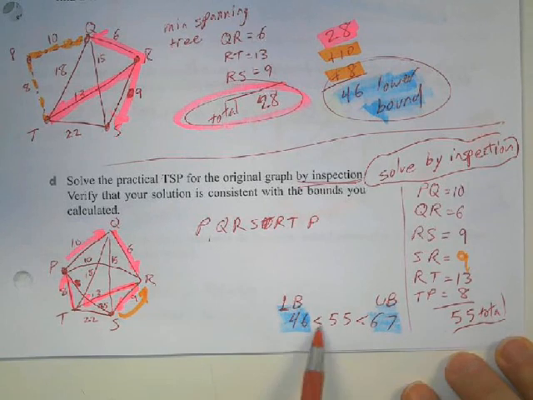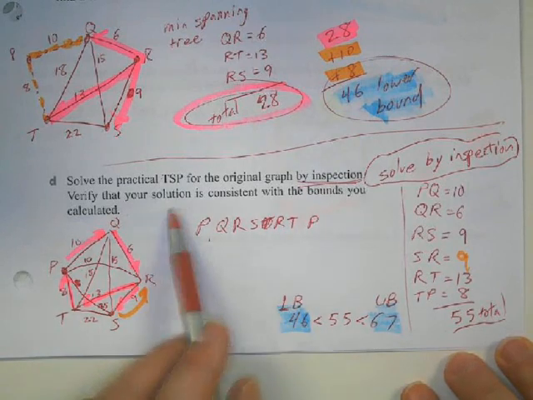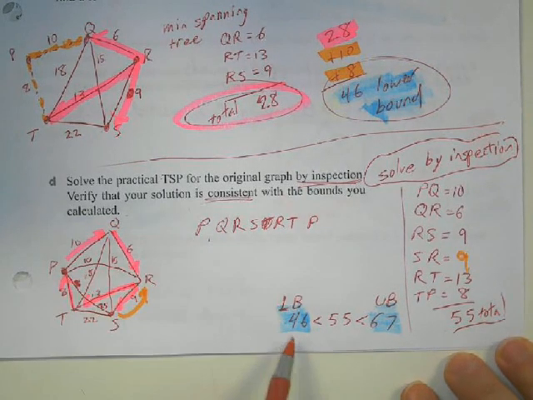And this can be verified that this works because my lower bound was 46, and 55 is between the lower bound and the upper bound. Okay.